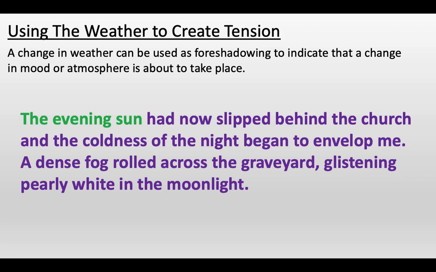It's the end of the day and everything's quite calm. But then in purple, we've got the sun going behind the church. We've got coldness coming in. And again, fog, which is this signal in literature that perhaps something is about to happen.